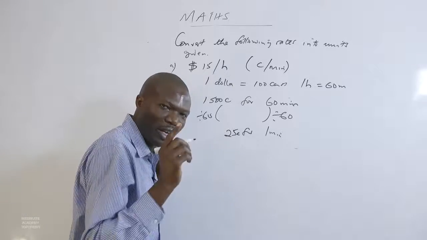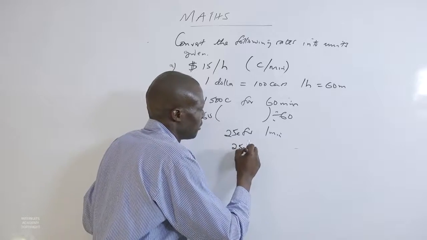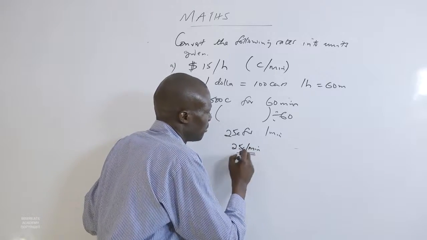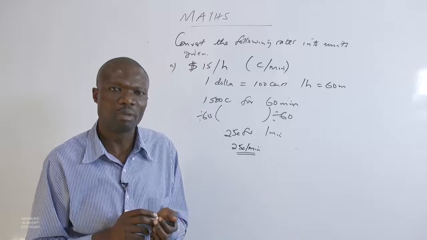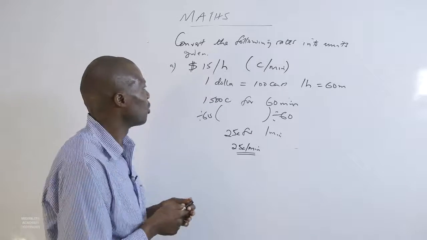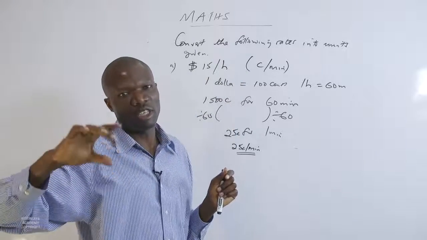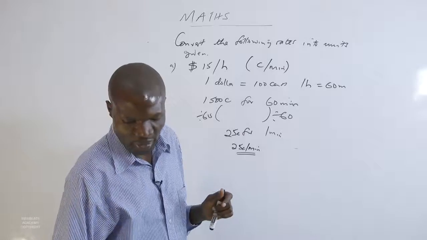Therefore, the new rate in cents per minute is 25 cents per minute. So you should be conversant with how to convert hours into minutes and dollars into cents.